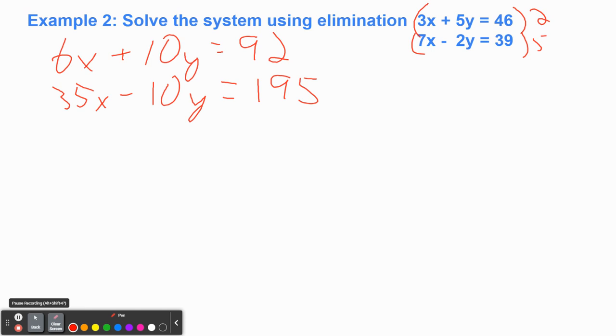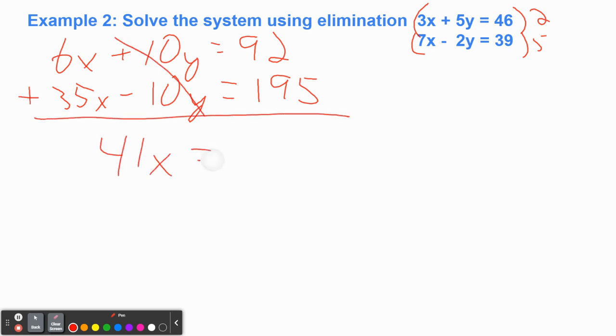Maybe you do. Now, should I add or subtract these? I'm going to add. That cancels the y's. I'm left with 41x equals 287. Divide both sides by 41, and x should equal 7. Wow, that worked out really nicely.